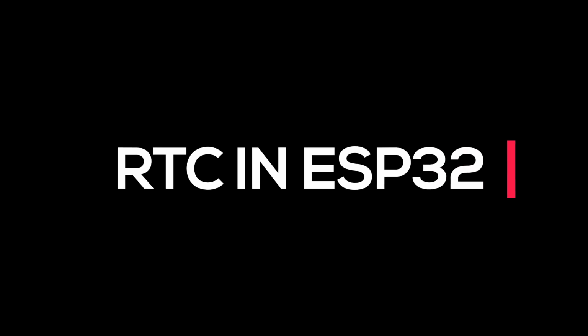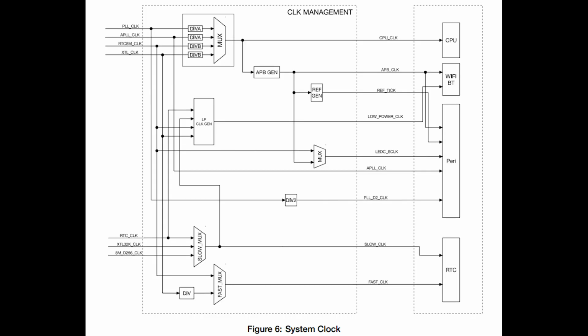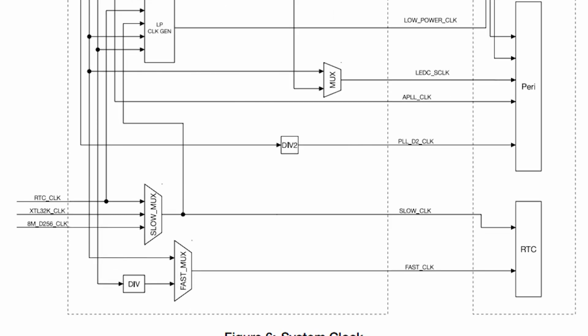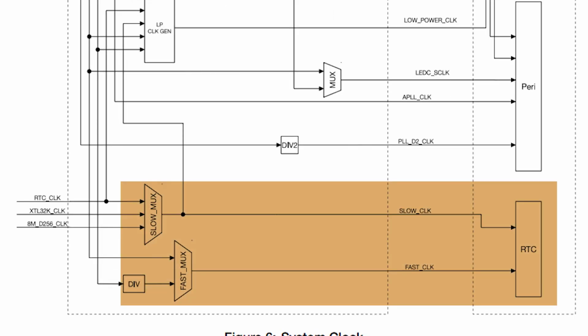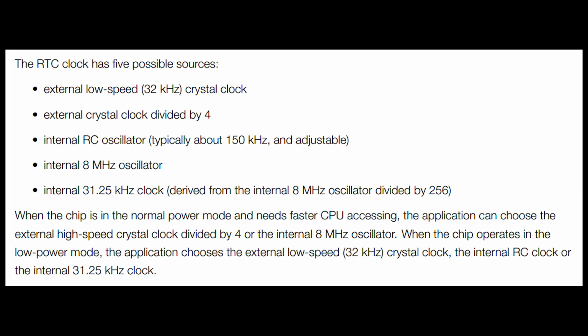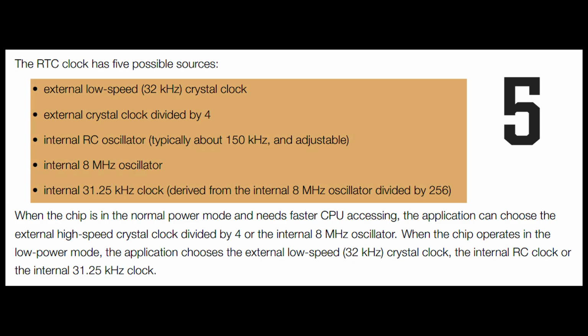RTC in ESP32. This is the block diagram of the system clock of ESP32. Here you can see the RTC, and it has two types of clock sources, fast clock and slow clock. For any RTC to work, it needs a constant power supply and at least one clock source. In our case, we have 5 clock sources for the RTC, divided into two types, fast and slow.